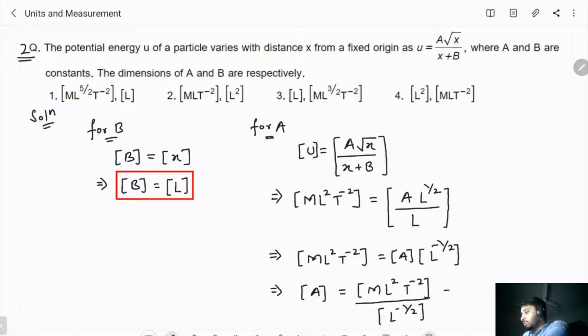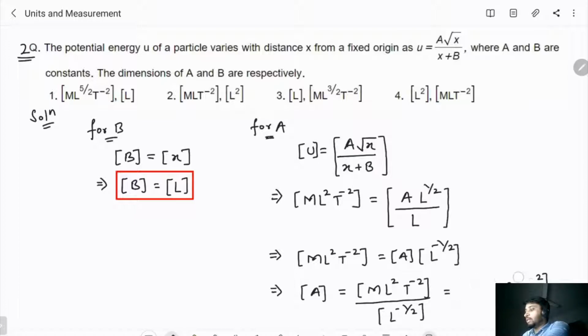Which upon simplification we can get M into L to the power 2 plus 1 by 2 into T to the power minus 2. So 2 plus 1 by 2 will become 4 plus 1 by 2, that is 5 by 2.